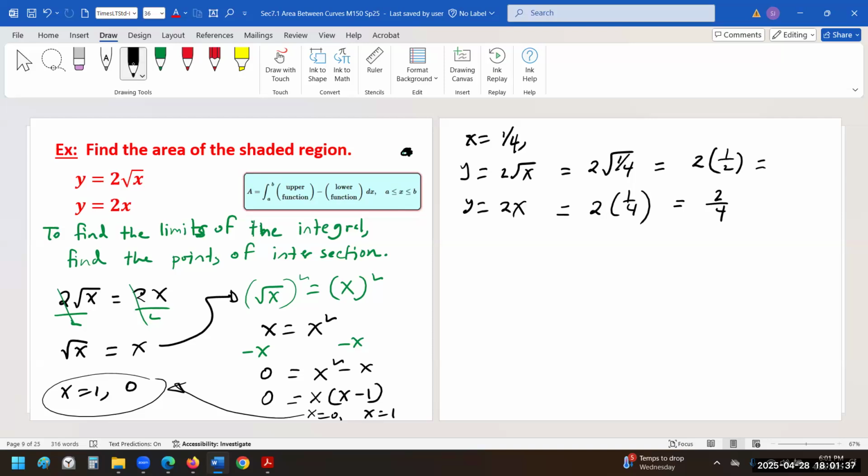What is half of 2? 1. And what is 2 divided by 4? 1/2, right? So which y is bigger? The square root. That means that's the bigger function. That's how we determine which one is bigger.